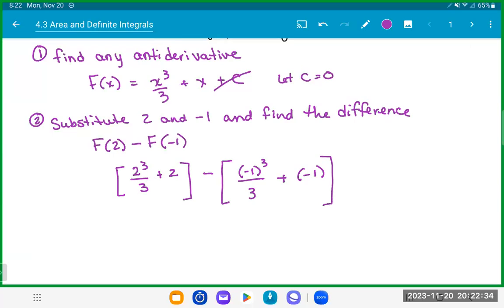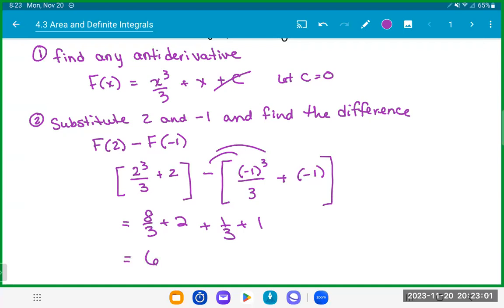Okay, so this will simplify to 8/3 plus 2. Distribute that minus to both pieces, so this ends up being a plus 1/3 plus 1, because we have those negatives in there. When we simplify, we get 6, right?